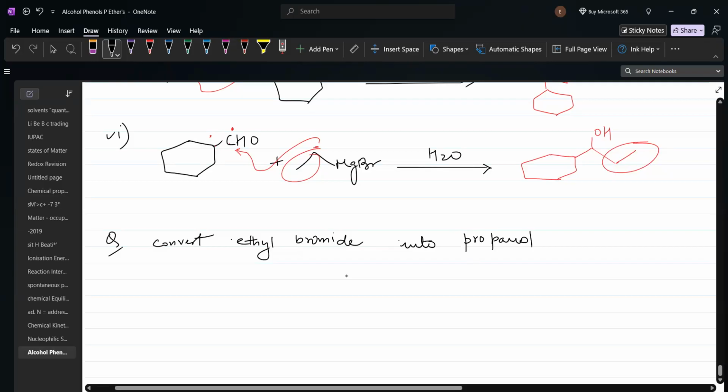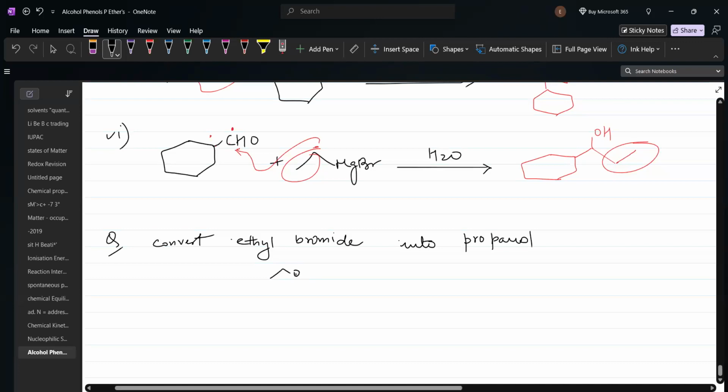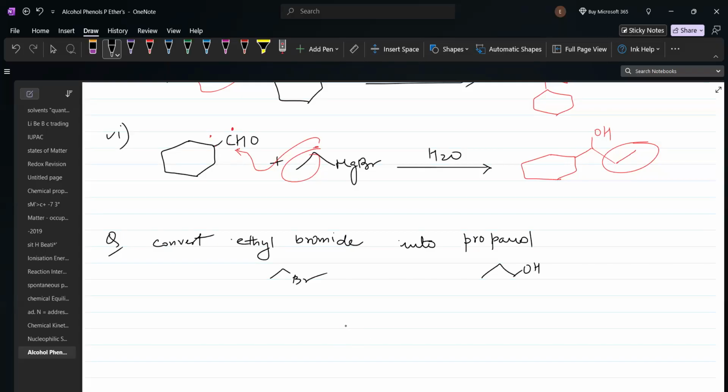Okay, so this is ethyl bromide, which is like this, and you have to convert it into this propanol. Sorry, OH is also there. Understood the question? Is the question clear to you?